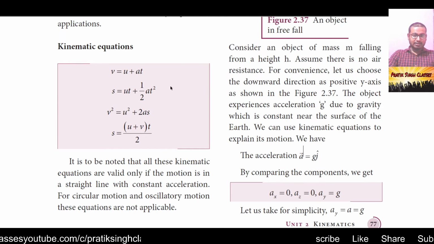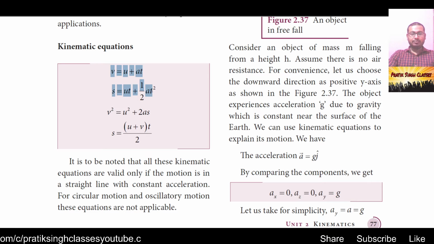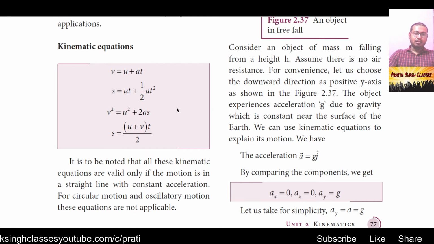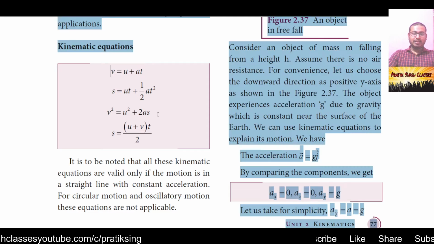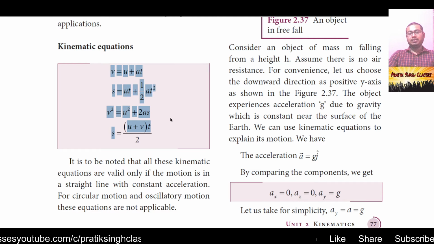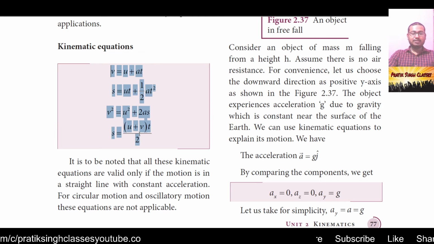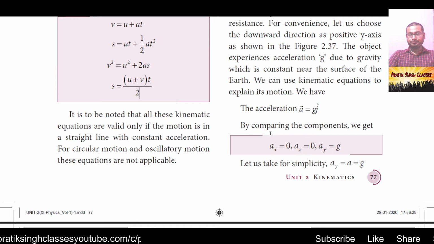In these equations, you can see they are given in the form of scalars. We haven't taken the direction, we just have taken the magnitudes. But velocity, acceleration, displacement, all these are vector quantities.